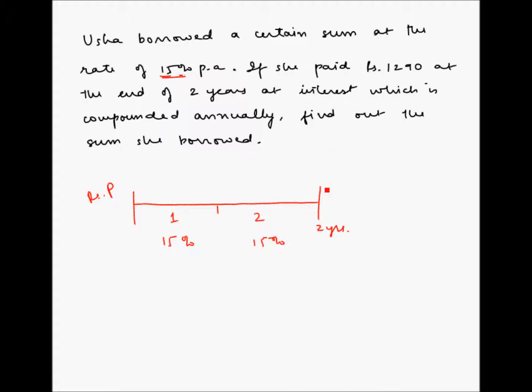And at the end of 2 years, she is paying back rupees 1290. So the amount is 1290 rupees. Now this of course is inclusive of the principal P and the interest for these 2 years.